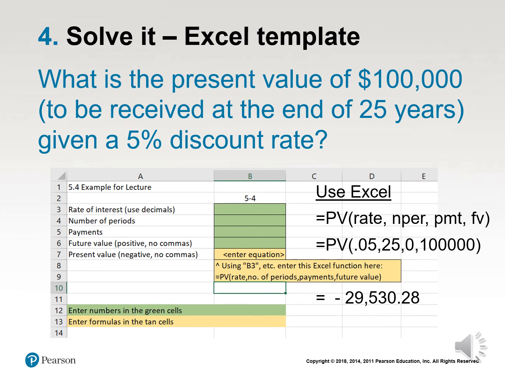And thank you to Excel, they have a built-in equation to calculate the present value. I did want to show you that you can calculate present value in Excel plugging in numbers. As you can see here, I have PV and then in parentheses 0.05, which is the interest, 25, which is the years, 0 for the payment, and 100,000 for the future value.